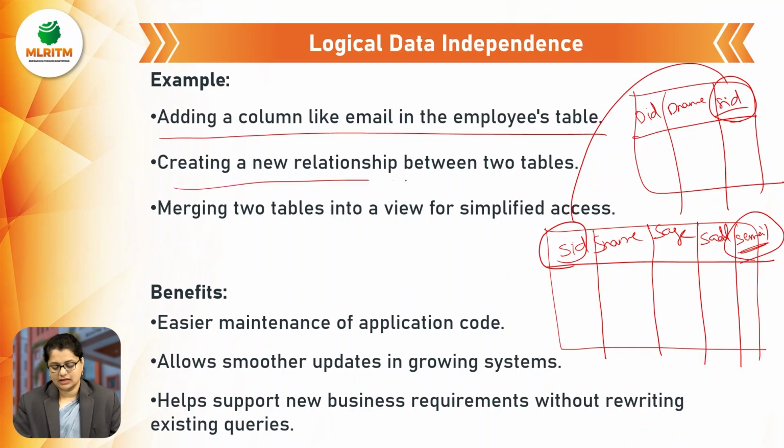We can also create a new relationship between the two tables. So when you add data, that relation can be accessed too, and merging two tables while viewing is very simple. By using these, we can add tables and join tables.